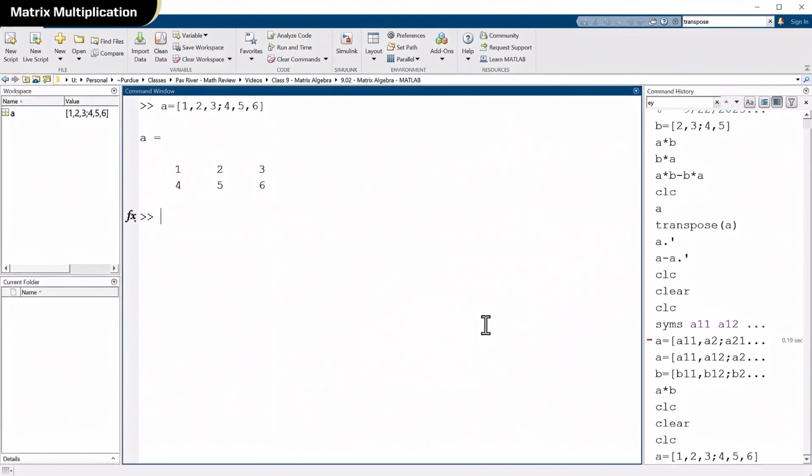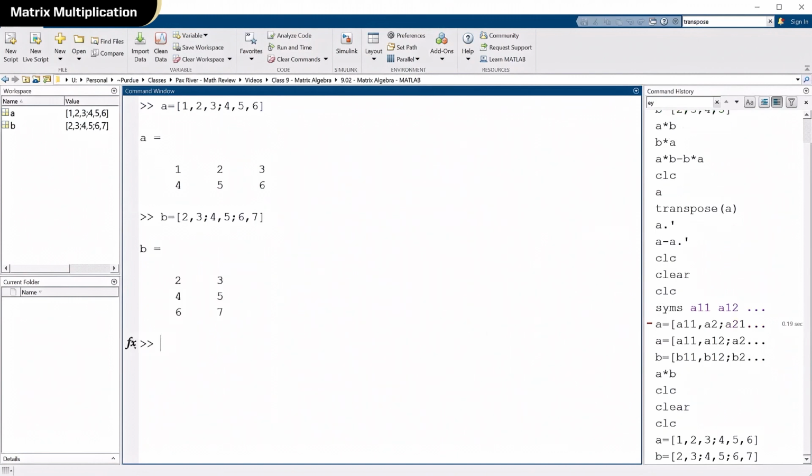Okay, nothing wrong with that. And let's make ourselves a B matrix that is now 2 columns and 3 rows. Also fine.